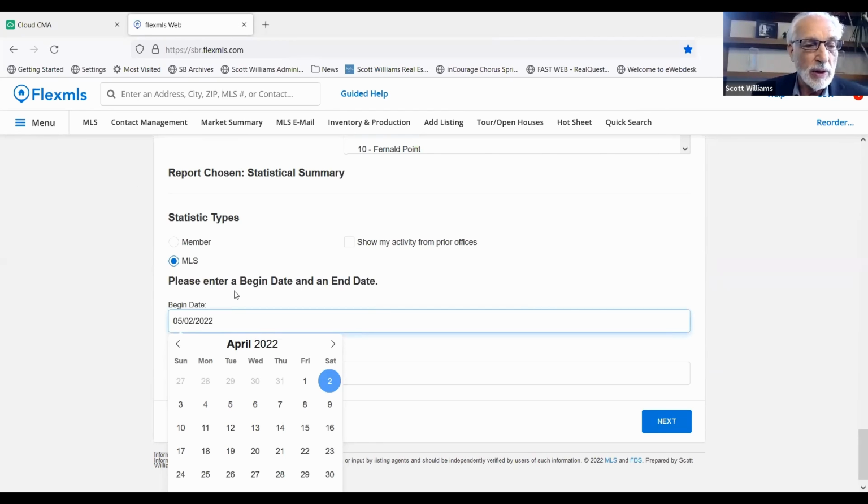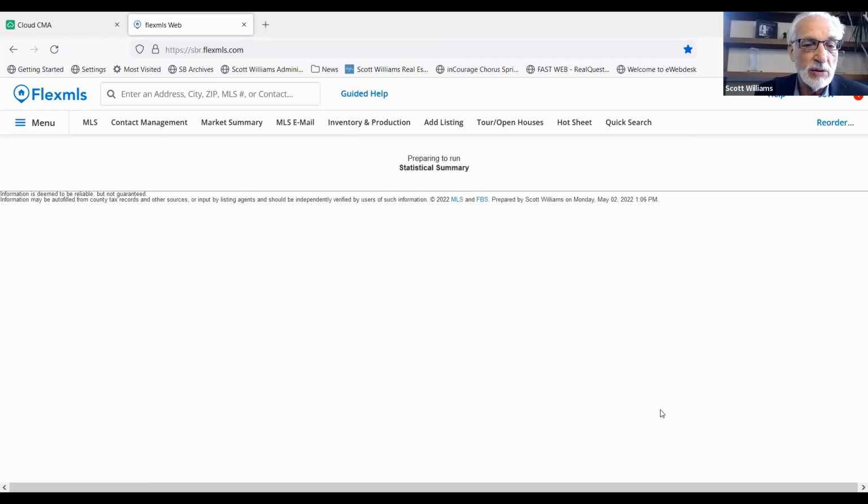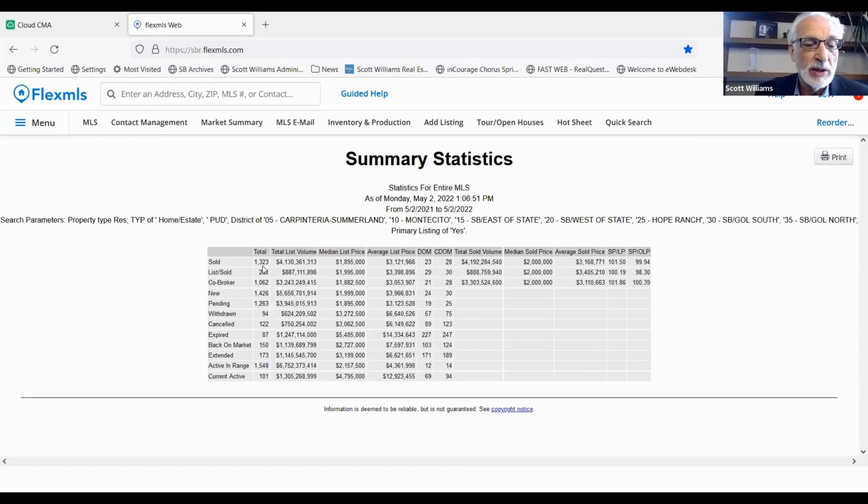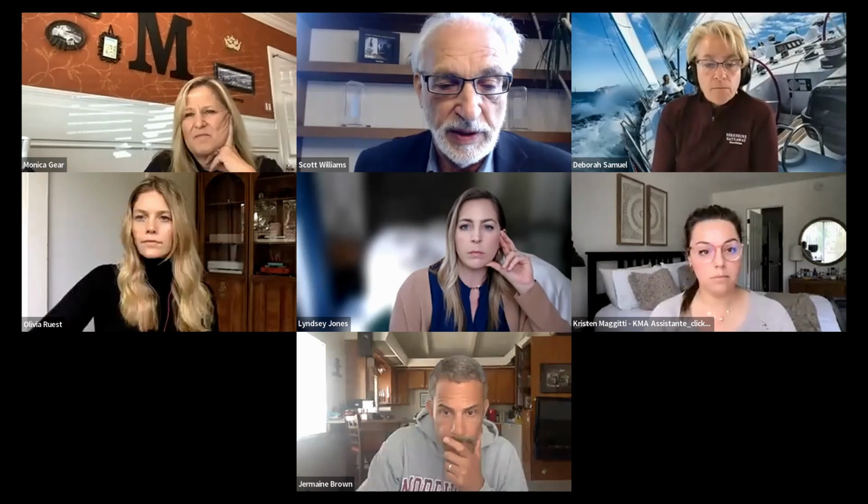Let's change that to a year ago, and then we'll see from the MLS the statistical review of the last 12 months, showing a little over 1,300 homes that have sold with a median sales price of $2 million and cumulative days on the market of 28 days. We can see the new listings over 1,400. So there's a lot of data and a lot of important information here. Now I'm going to shift this, and we're going to start up the presentation looking at this stuff, but that's where I find it.